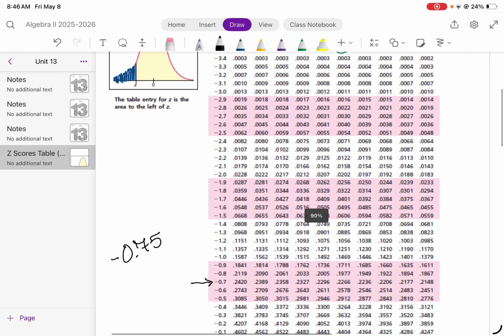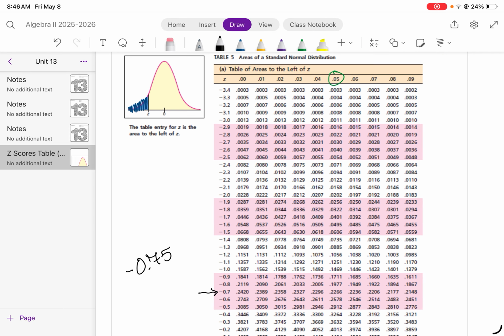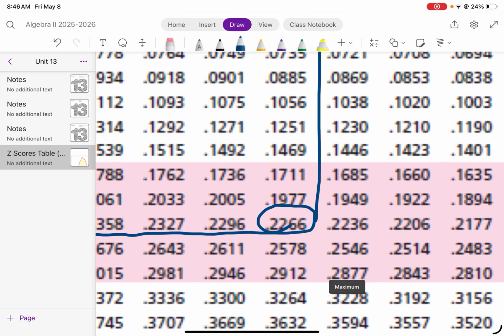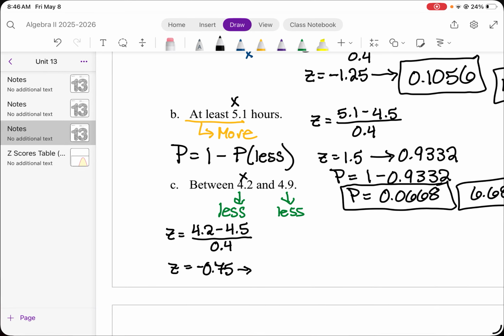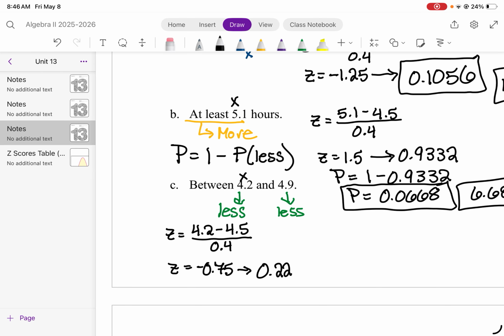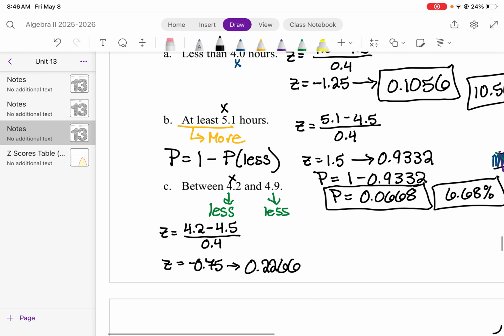And then I need the 5 in the hundredth place again. So I go to the 5 at the top, and I'm looking for where these values meet. So that's the probability of getting 4.2 hours or less, 0.2266.